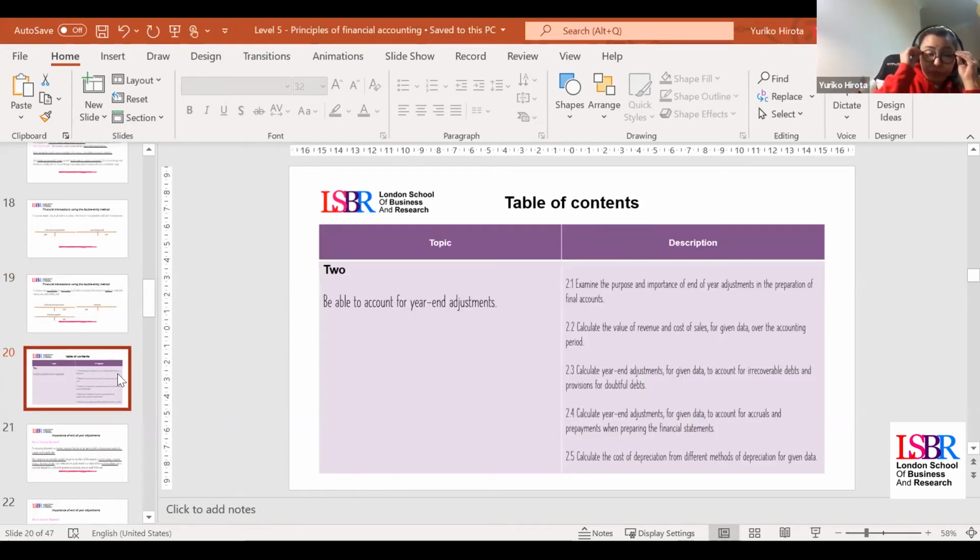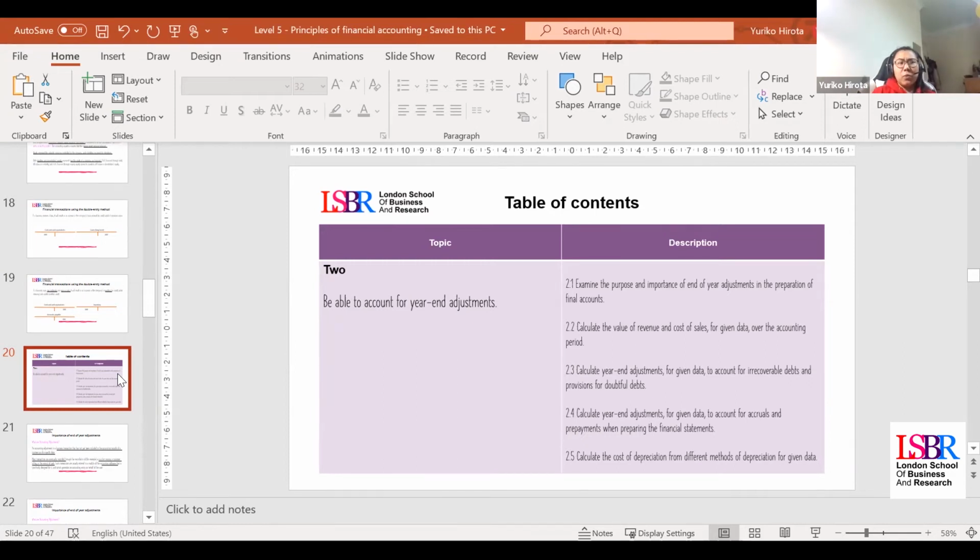So the second topic is focused on adjustments. In this section we are going to check what adjustments are and why they are important in the preparation of financial accounts and financial statements.